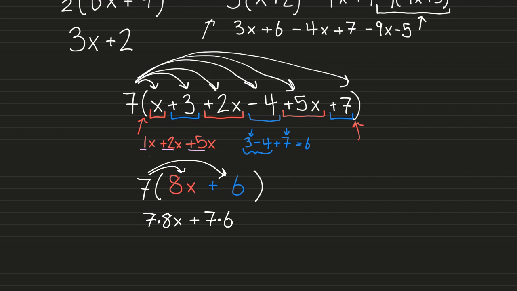Now these ones are doable. It's higher on our times tables, but 7 times 8 we know is 56x. And when we look at 7 times 6, we know that one is 42. And so here is our answer, our simplified expression from all that nonsense down to something much easier, much nicer to work with.